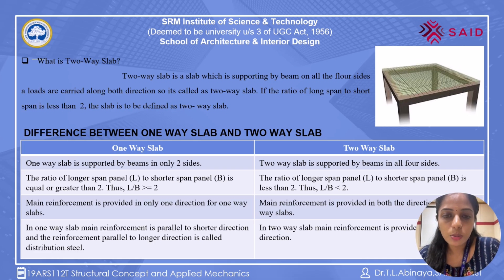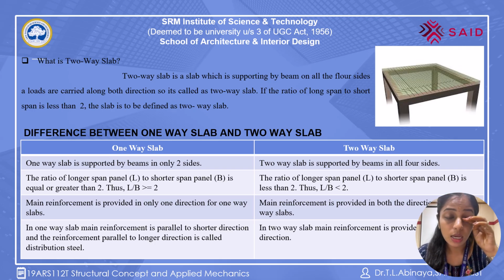The main difference between one-way and two-way slab is that the one-way slab is supported by the beam in only two directions, while the two-way slab is supported by the beam in all 4 directions. In a one-way slab the ratio of the longer span to the shorter span is equal to or greater than 2, but in a two-way slab the ratio is less than 2.